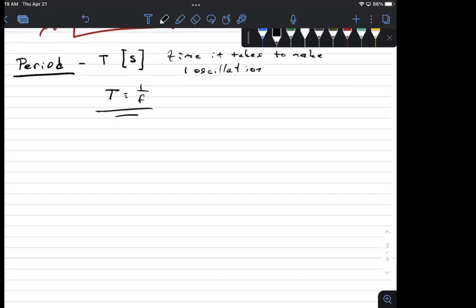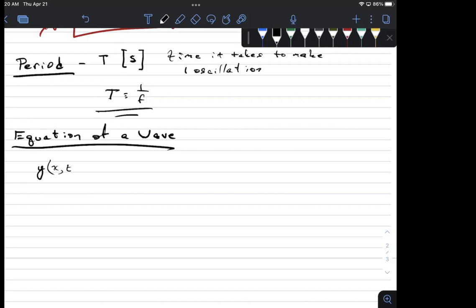And so it turns out that the big equation for any wave, not just light waves, but it works for light as well, goes like this. We'll call it the equation of a wave. The equation of a wave says y as a function of x and t.